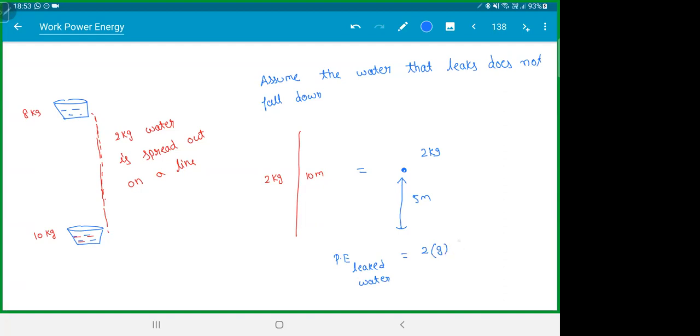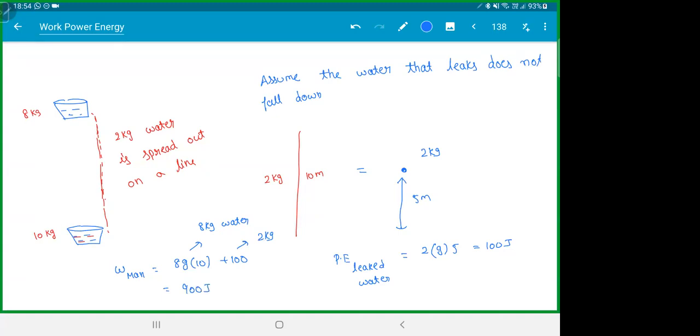I'll show you why it is that way. That would be 100 joules. And so the work done by the man in total will be, he pulled 8 kgs water up, so that is 8g into 10, plus this 100. This is for the 8 kg water and this is for the 2 kg rope. Total we get 900 joules.